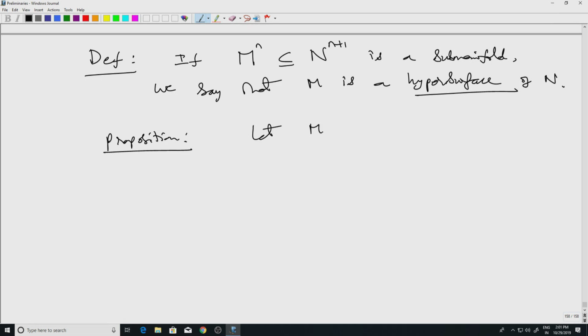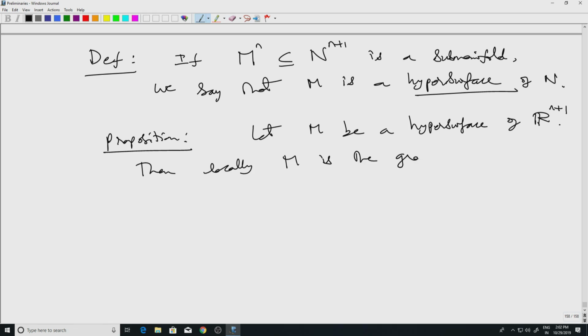Let M be a hypersurface of R^(n+1). Then locally M is the graph of a smooth function.